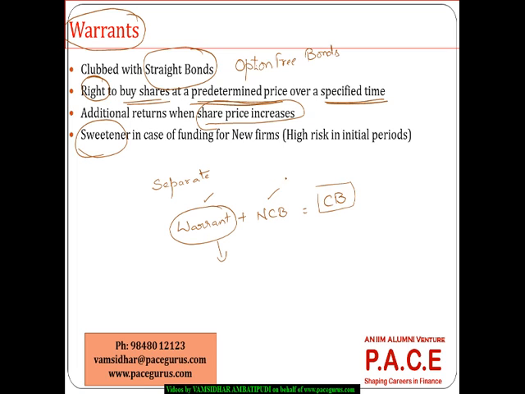So from that perspective they can choose a smaller amount of debt, but along with that debt they can package equity, so that if the company does well in the future after an initial high risk period and the equity price rises, the investors get much benefit out of it, because they are able to purchase the share at a much lesser price.